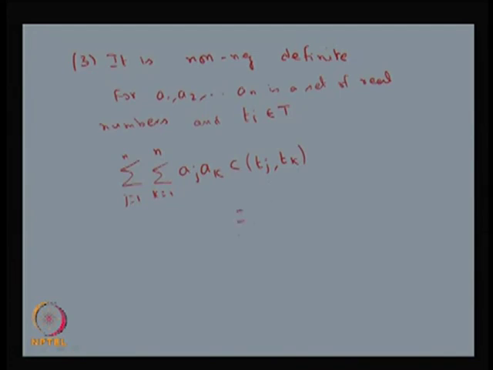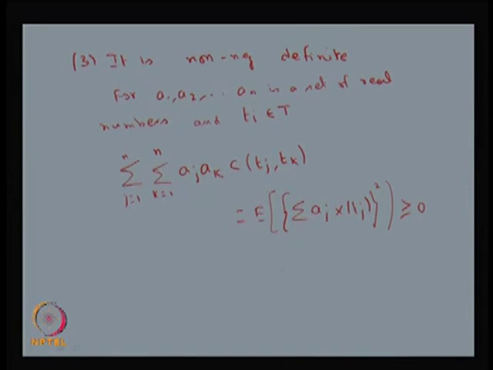The double summation is nothing but the expectation of the summation of a j times X of t j, whole square. This expectation quantity is always going to be greater than or equal to 0.